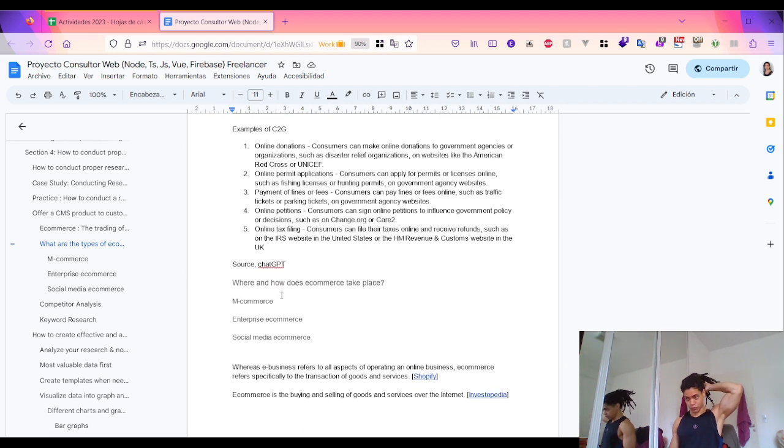Okay, so all of that is just to understand what e-commerce is and the different types of e-commerce, as well as the actors involved in there.